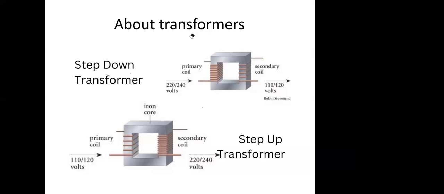Come again? The step-down transformer is the type of transformer which is used to reduce alternating current. It converts a high voltage from a primary coil into a low voltage in the secondary coil.